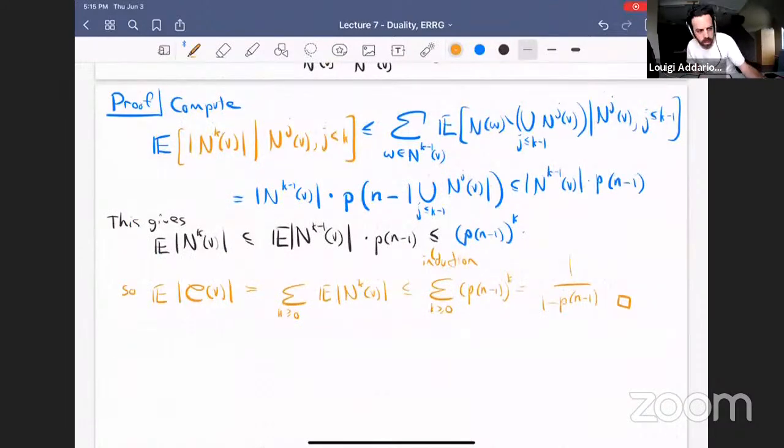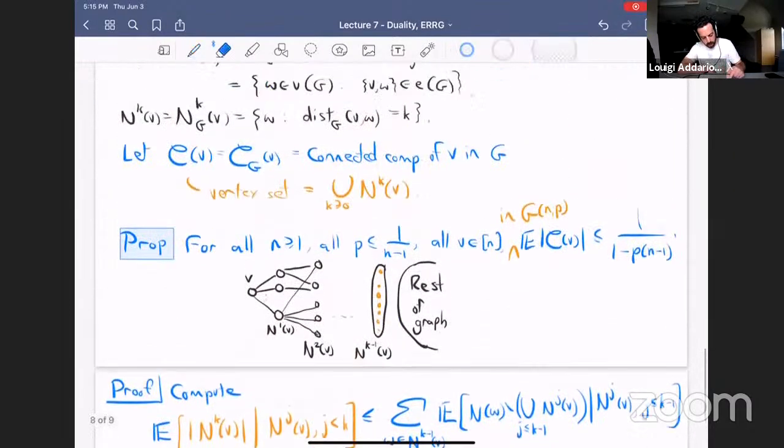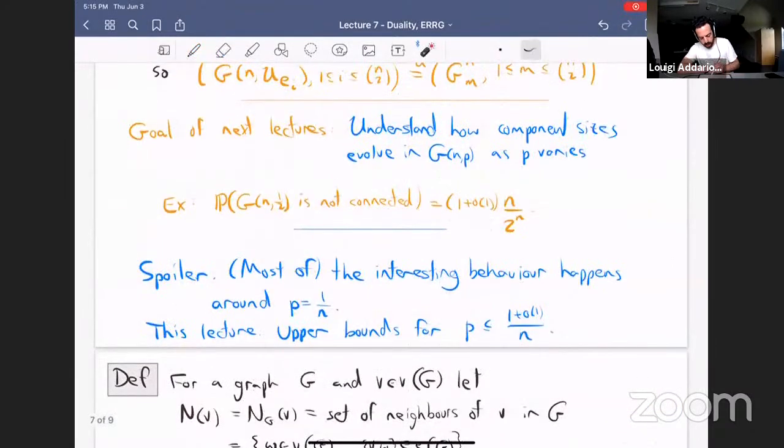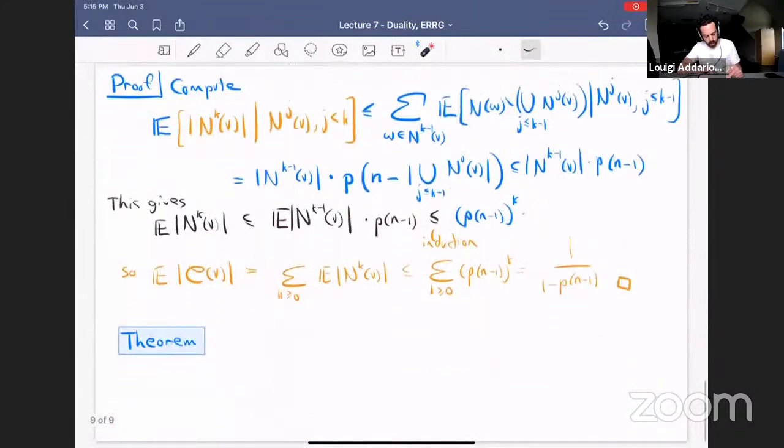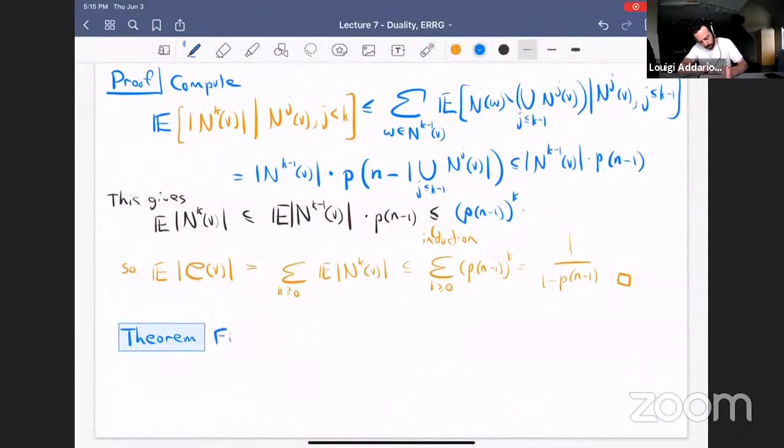So let's immediately use that to prove something about the largest component in a random graph. We said we were going to study random graphs where P is at most a little bit more than 1 over n, but I'm going to start by studying graphs where P is less than 1 over n. So let's fix some constant c in (0,1) and look at what happens when P is c over n.